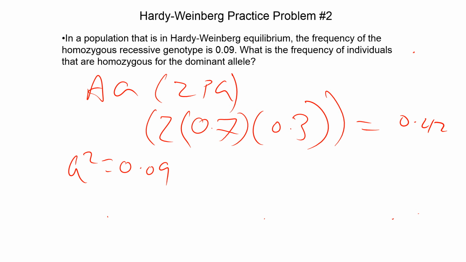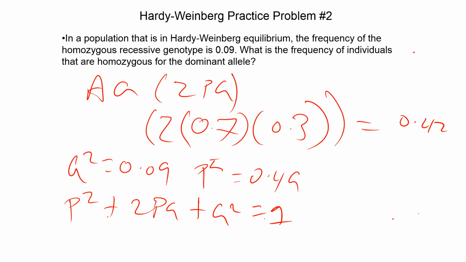Or, one of the other things you can do: you know that q squared equals 0.09, and you know that p squared equals 0.49. You know that p squared plus 2pq plus q squared equals 1. You have 0.49, you have 0.09, and you're looking for 2pq.